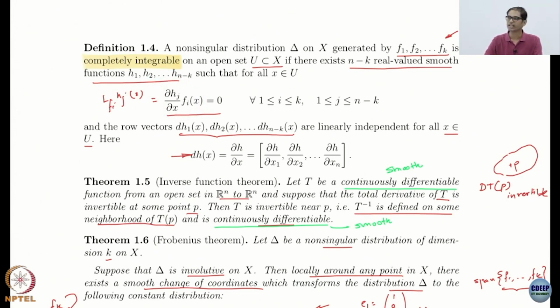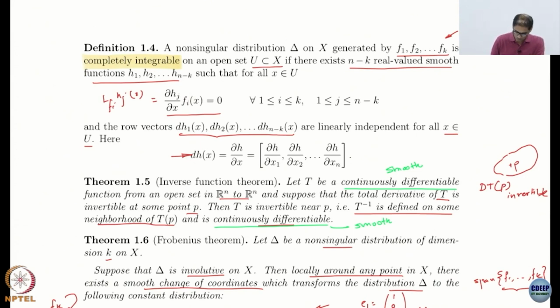This is actually like an annihilator. Here it is not H itself that is the annihilator vector; the annihilator vector is the partial of H, or dH, because H is a scalar field, just a real valued function. But when I take its partial with respect to x, I get a row vector, it is 1 by n dimension.